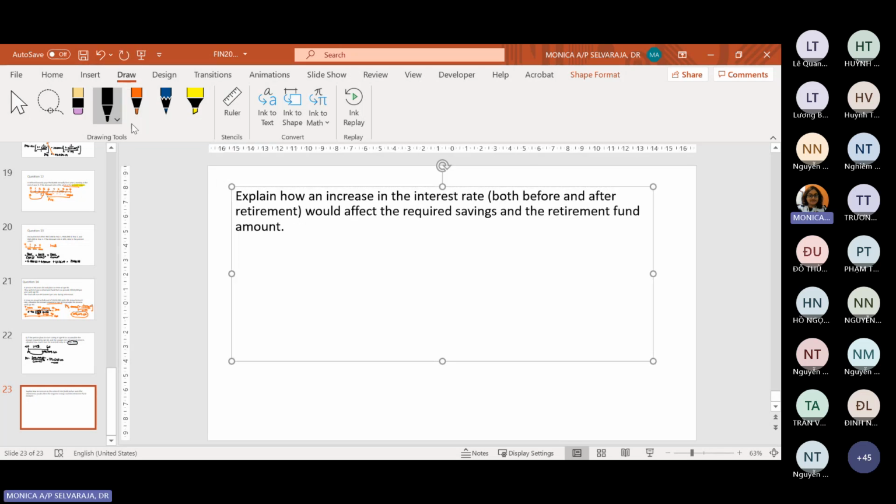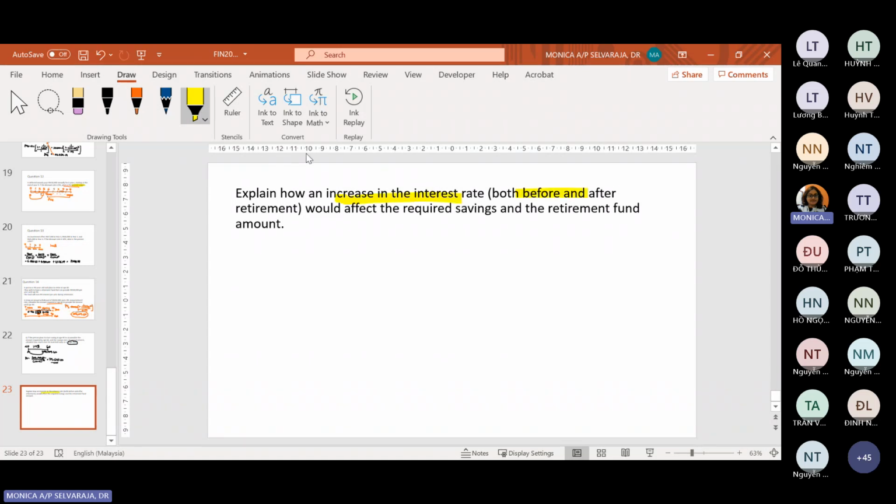Okay, so the question is, how would an increase in interest rate before and after retirement, during retirement, affect the required savings and retirement funds? This one I wanted to change to during.